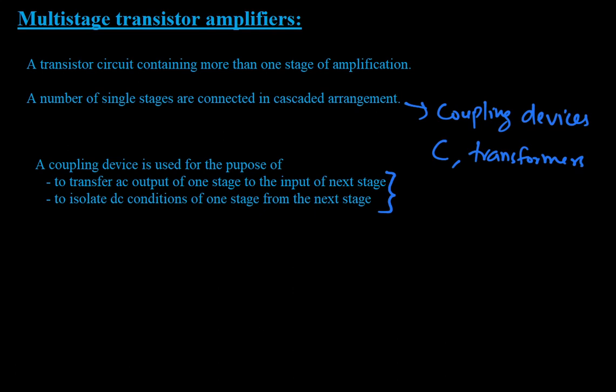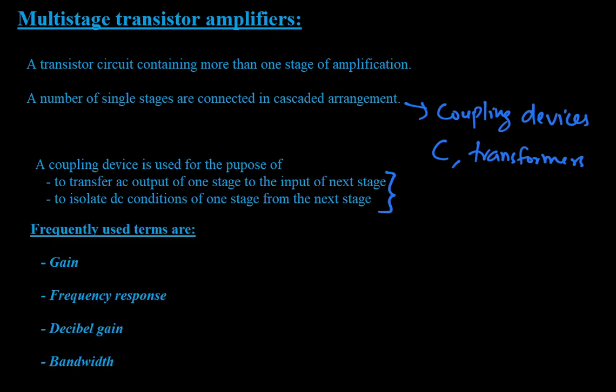The different types of coupling devices and different types of multi-stage transistor amplifiers we will discuss in the coming lectures, but in this lecture I would like to introduce you to some of the common terms which come across frequently.